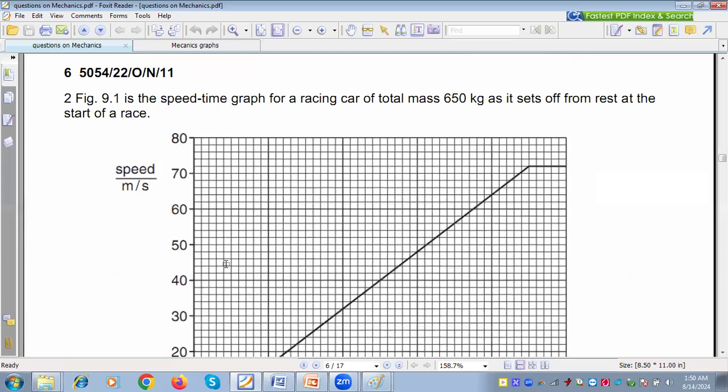Now the next question: the speed-time graph for a racing car of total mass 650 kg as it sets off from rest at the start of the race. This is from October/November 2011, variant 22.